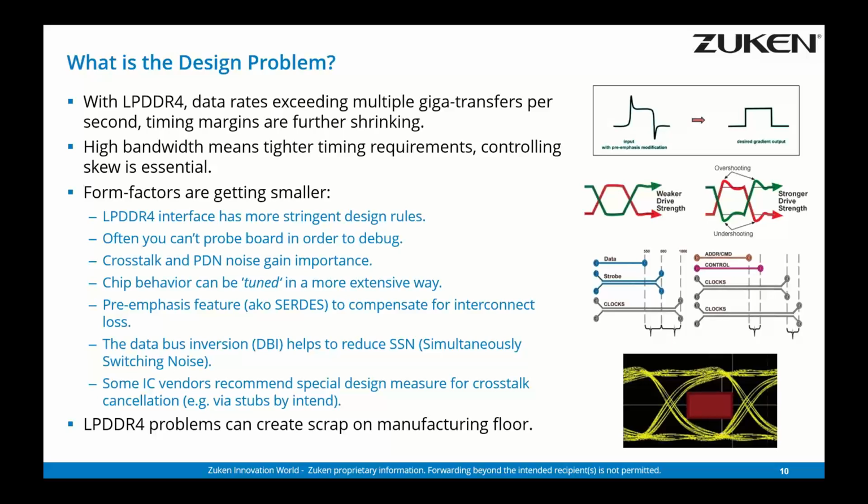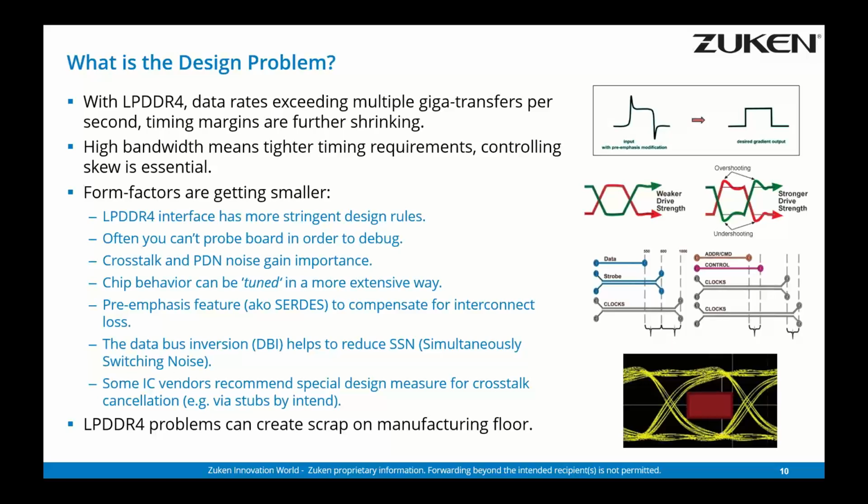We have the situation that in low power DDR4, the ICs can be tweaked, can be tuned in a very extensive way. So you have many different parameters you can change. Output driver strengths, these overshooting. You have embedded termination devices on driver and the receiver side. You can control the output resistance or the impedance. So you have many different things.